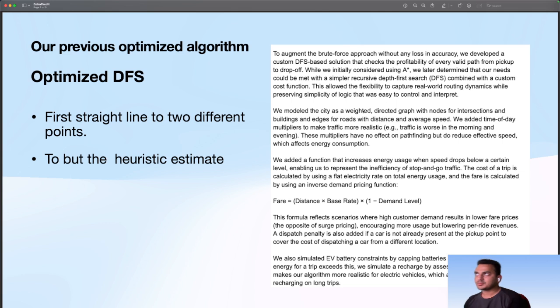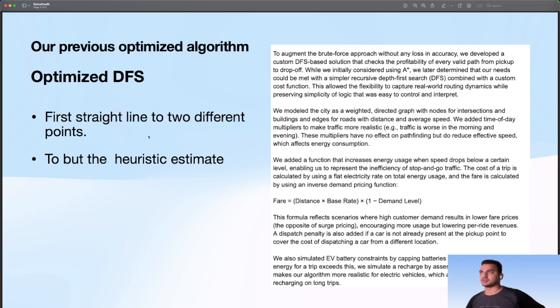Now, in our optimization, we do mention the A star algorithm, but there were two main reasons we didn't choose it. But before that, we first need to decide how to do the A star.